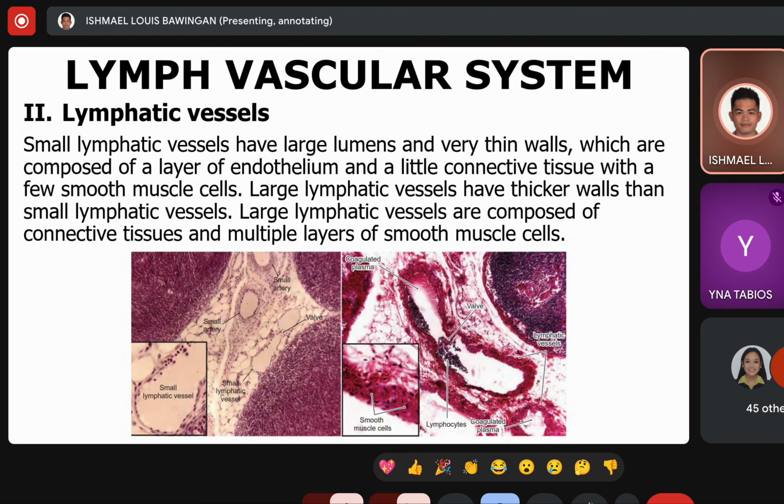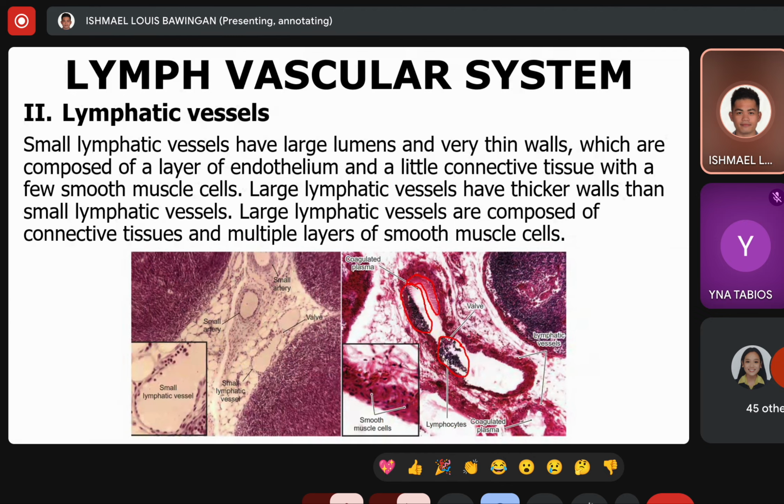What you would find instead in your lymphatic vessels are lymphocytes, because lymphocytes arise from bone marrow, but they develop in the thymus and the lymph nodes, where they are connected through the lymphatic vascular system. You could also see some coagulated plasma, but that's going to be difficult to see.